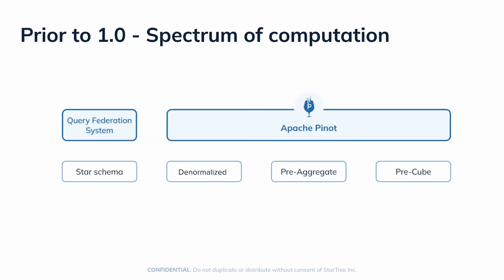For the star schema mechanisms, Apache Pinot, historically prior to the 1.0 release, was relying on external query federation systems to do these types of joins. For example, we have a Presto Pinot connector and a Trino Pinot connector to ship some of the data that has been ingested into Pinot into Presto or Trino in order to do the joins via the star schema mechanism.